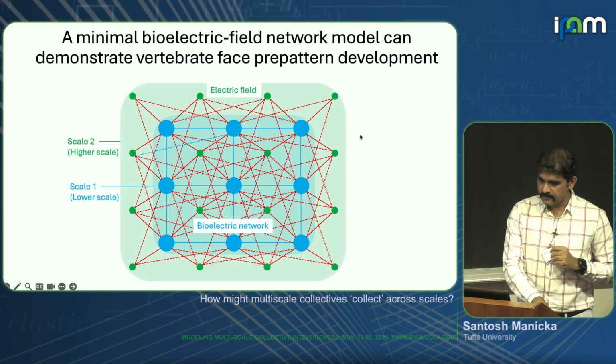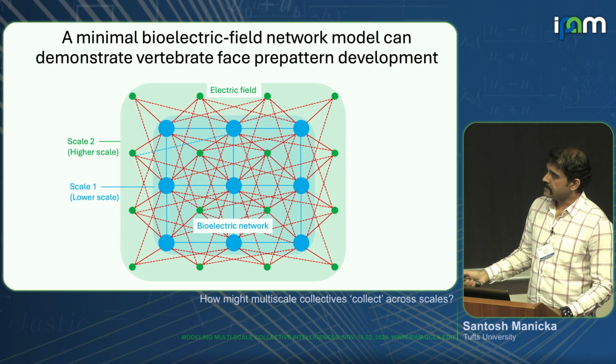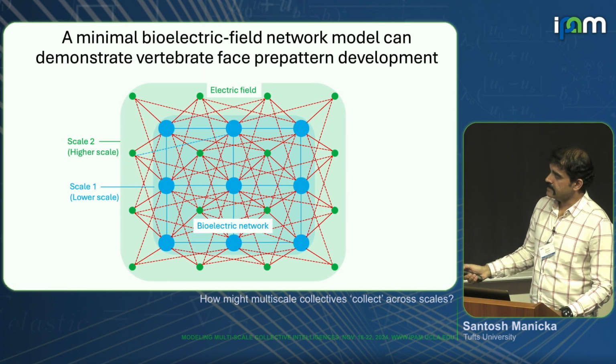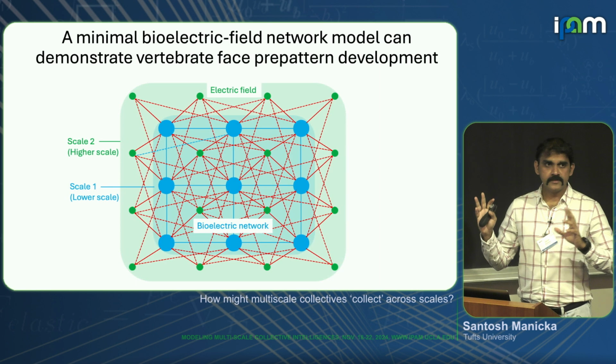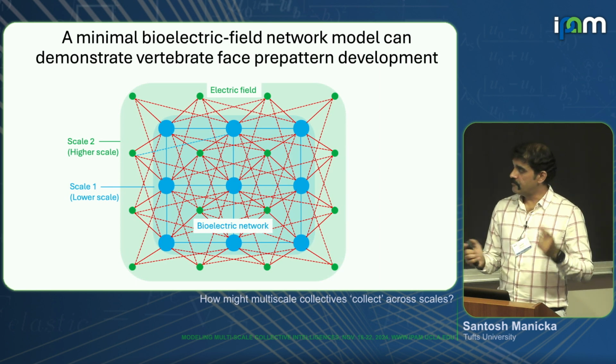We designed, again, a minimal model consisting of the bioelectric cells and an electric field. Every blue circle here represents a cell consisting of the same kind of bioelectric circuitry that I mentioned before.